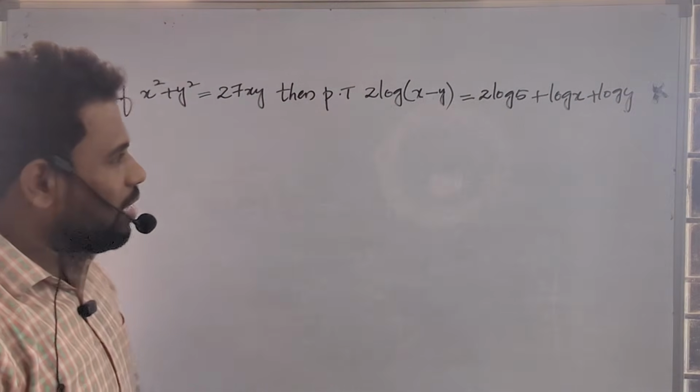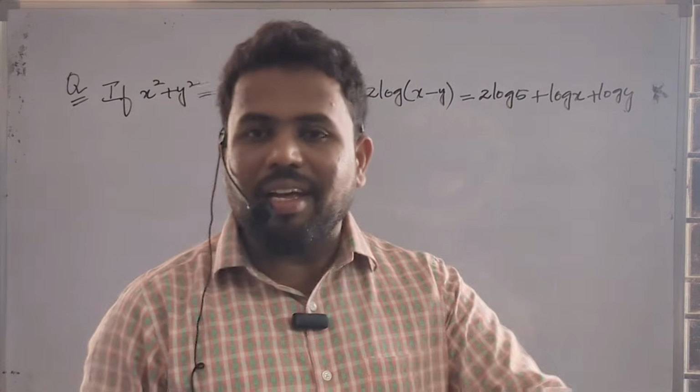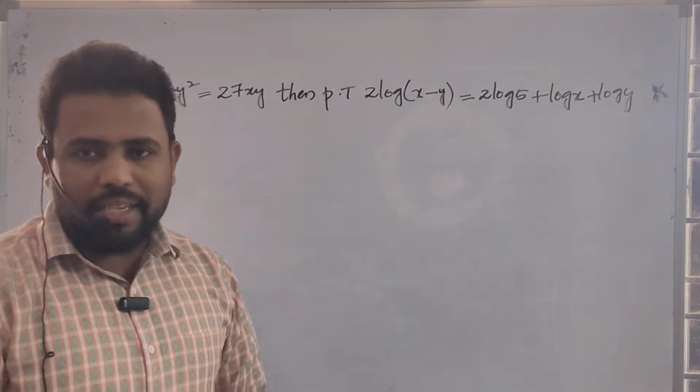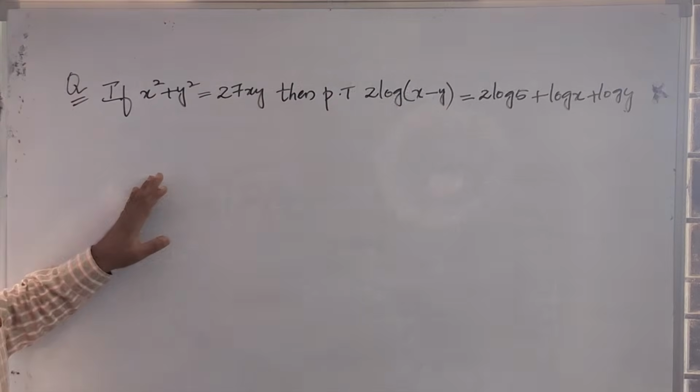Actually, let me tell you that this is one of the questions which was asked in last year's examination paper of the SSC board. So the question is very simple.